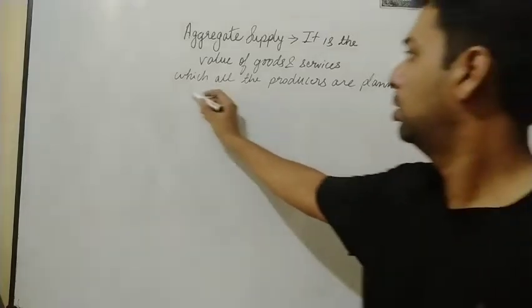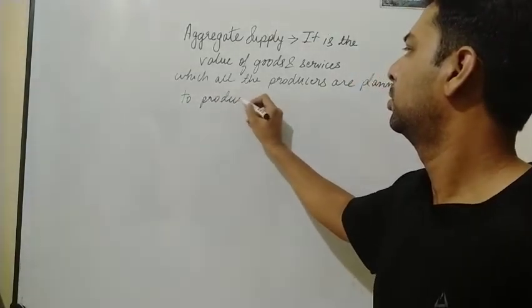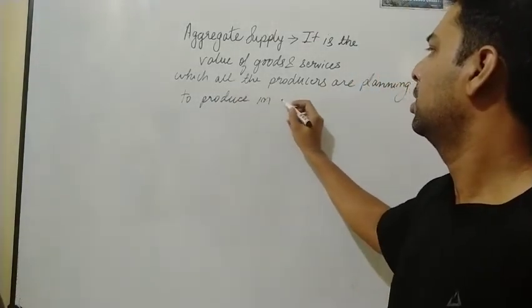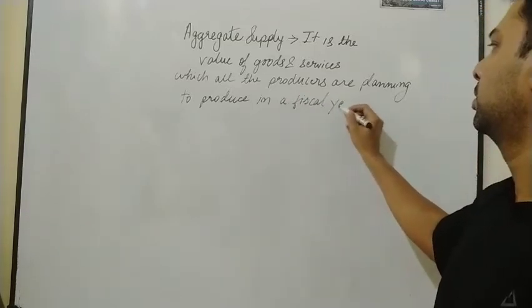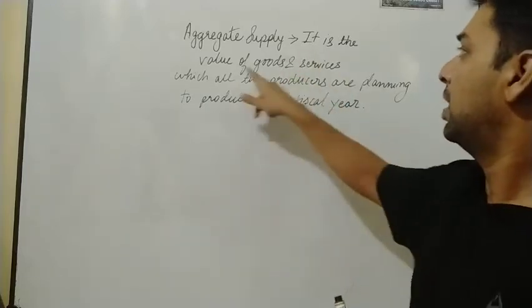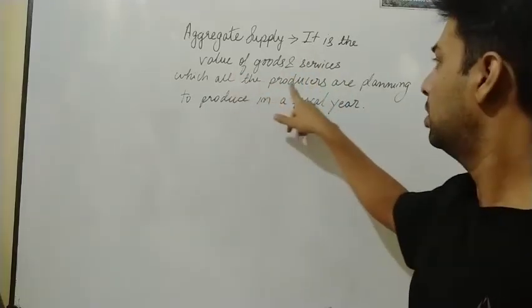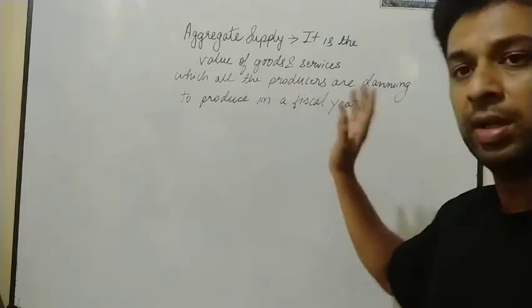Planning, this word is very important. So what does this mean? It is the value of goods and services which all the producers are planning to produce in the fiscal year.